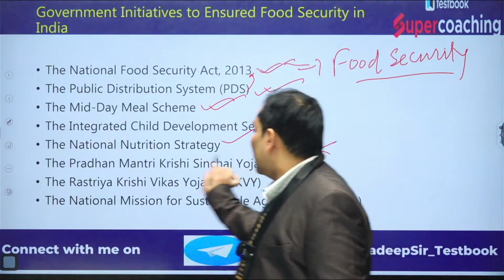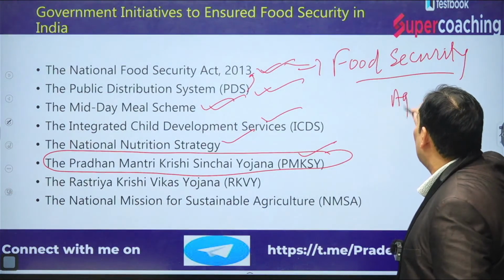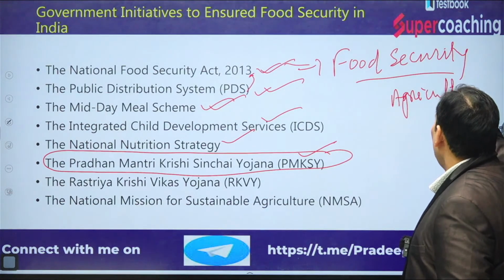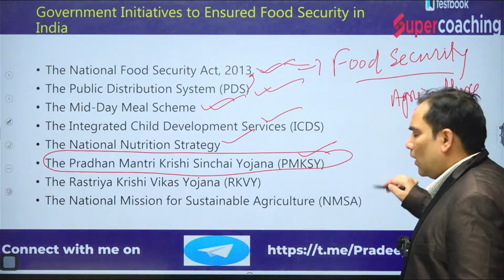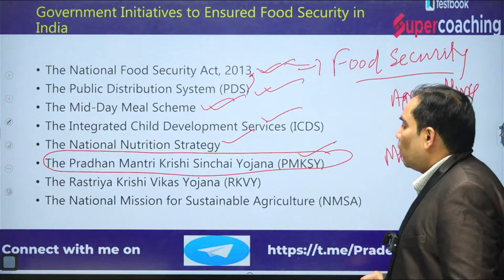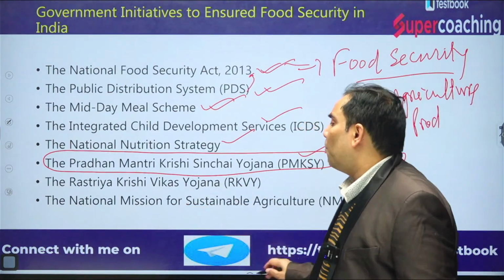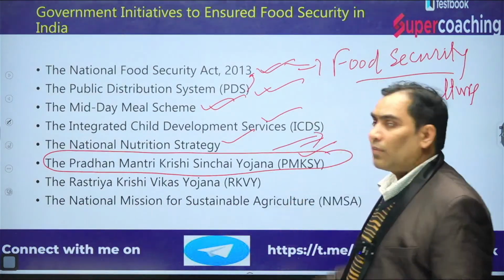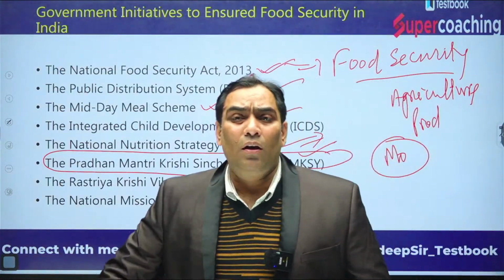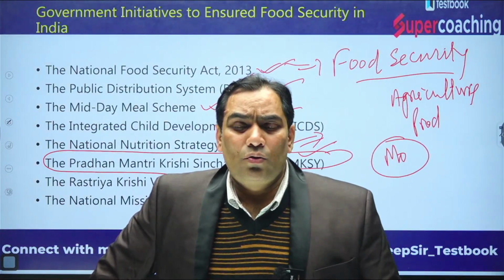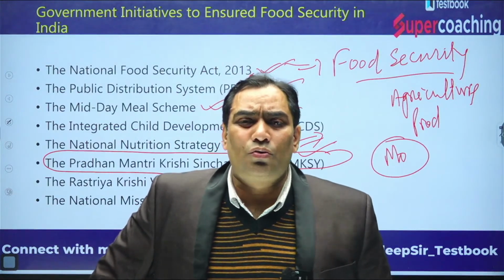As I said, food security is related to agriculture production, and agriculture production is dependent on the monsoon. So just to reduce the dependency on monsoon, the government is running the Pradhan Mantri Sinchai Yojana, so that there can be sufficient production of agriculture produce.